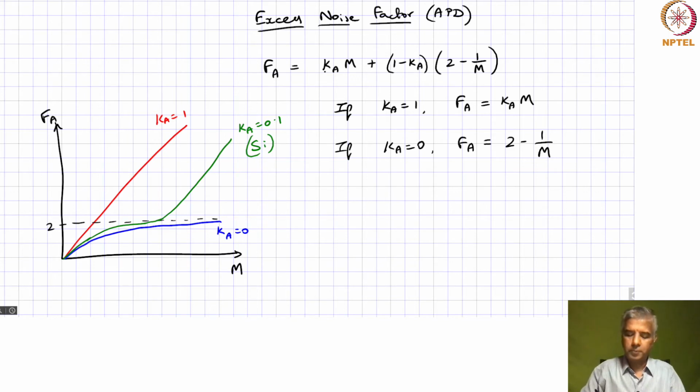Okay, so that is to tell that, if you want to use an APD, you probably want to use it up to this value of m, beyond which there's really no point.